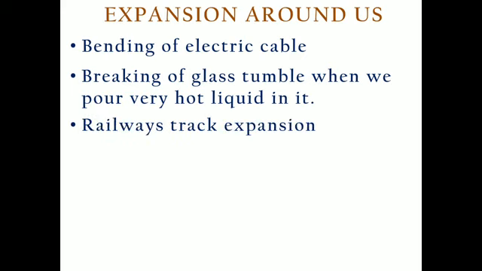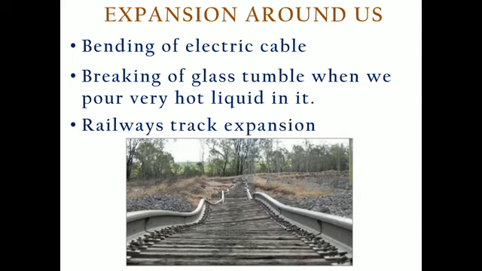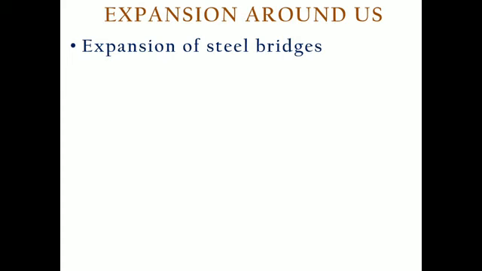Similarly, you can see that a railway track, due to expansion, its shape becomes distorted, and it is due to the expansion of metal due to heat. There are some other examples also, like expansion of steel bridges.